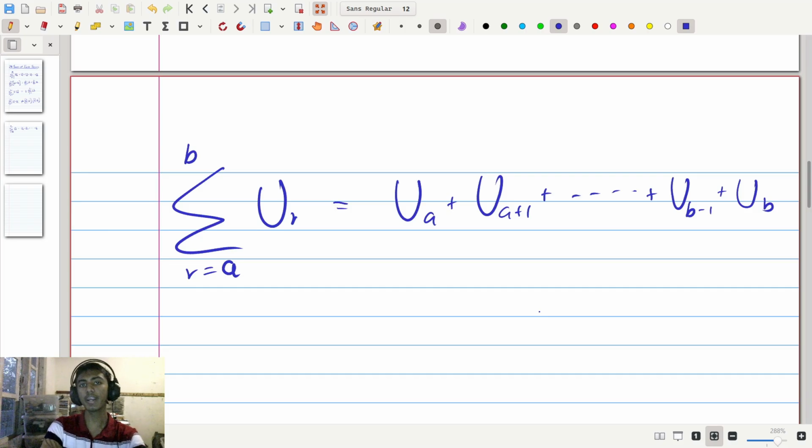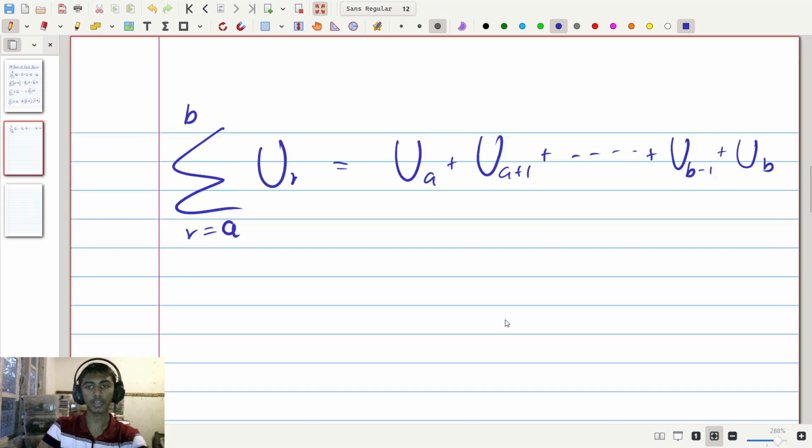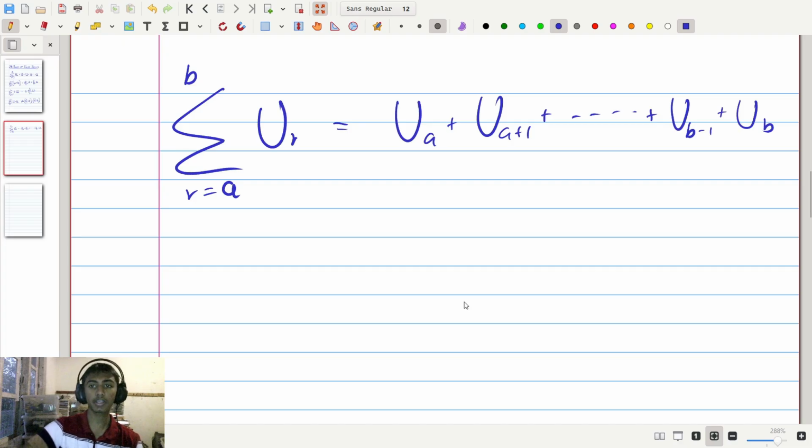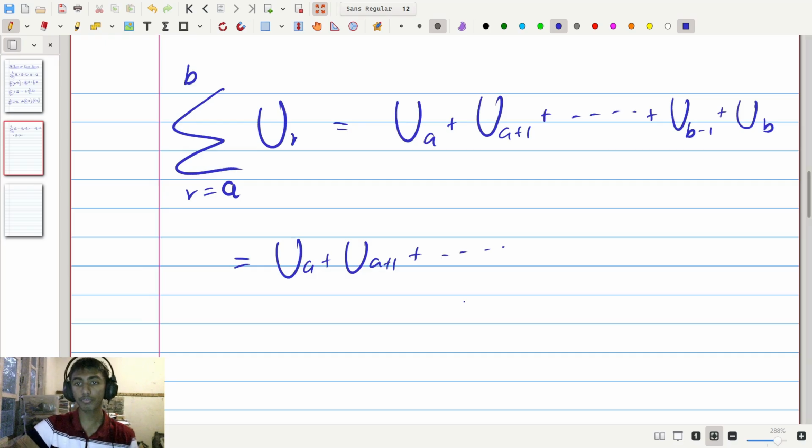We can actually break this sum into two smaller sums, and the way that we do it is by considering some intermediate value and splitting this sum into two pieces. So let's consider that this sum is going to be u of a plus u of a plus 1 plus so on and so forth, but instead of just putting dots all the way until the very last term, let's consider some central term also.